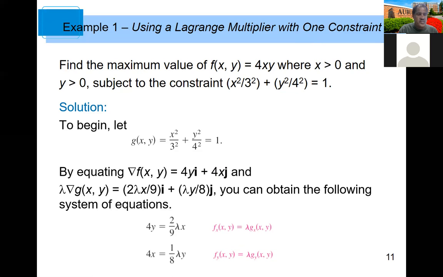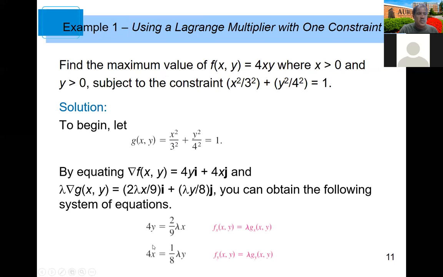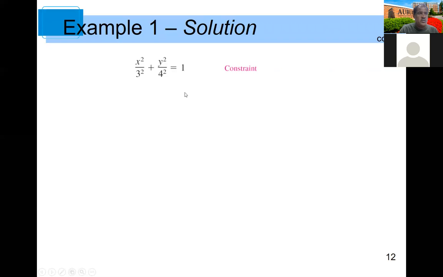And what else? This curve is our constraint. The third equation is this one. So we have three equations, 1, 2, and 3, and three unknowns, lambda, x, and y.